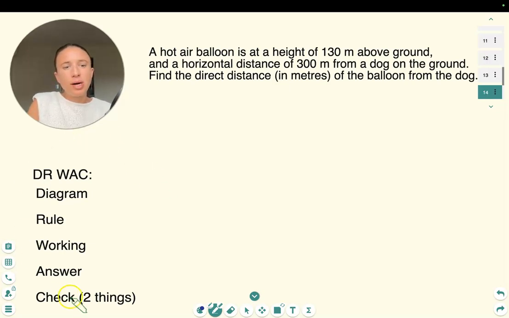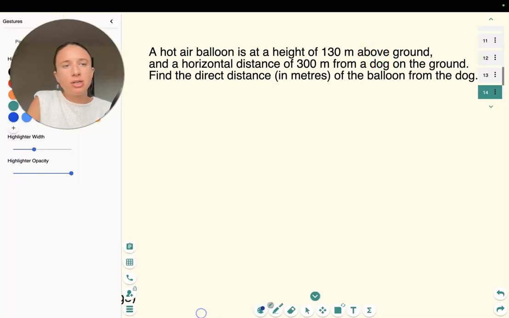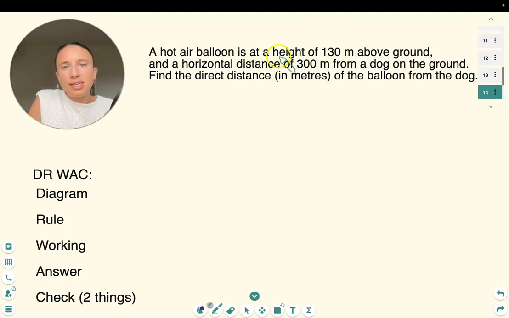Here we go. We've got our Dr. Whack process down here to help us. So it says a hot air balloon is at a height of 130 meters above the ground. Maybe I'll highlight as we go. It's at a height, so a balloon, height of 130 meters, and a horizontal distance of 300 meters from a dog on the ground.